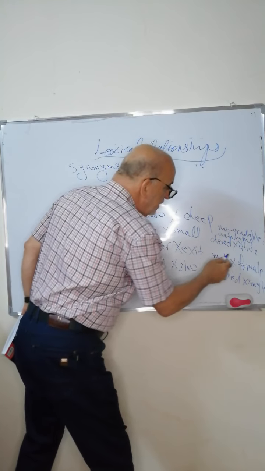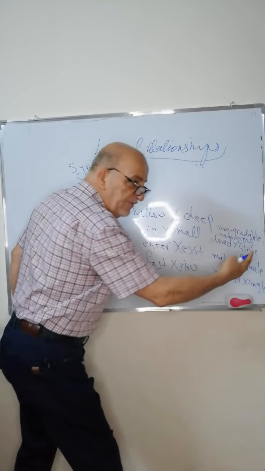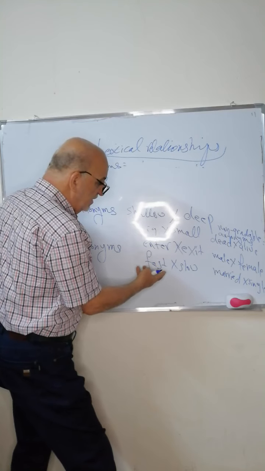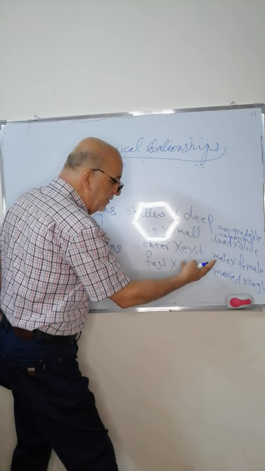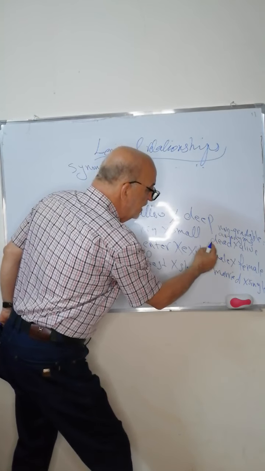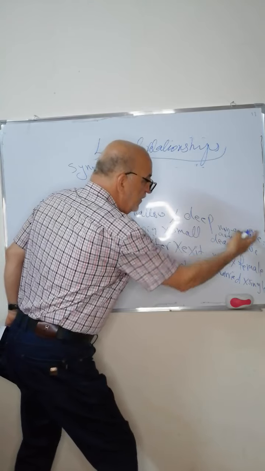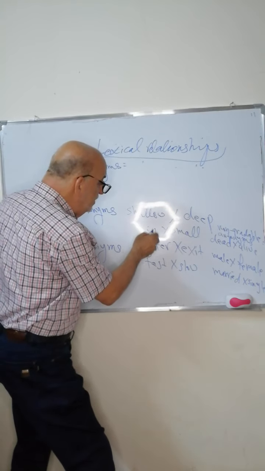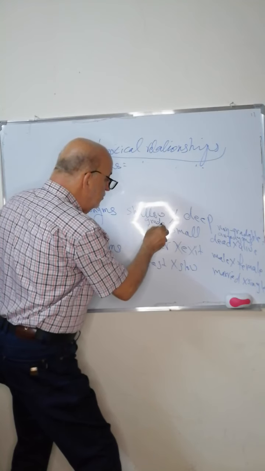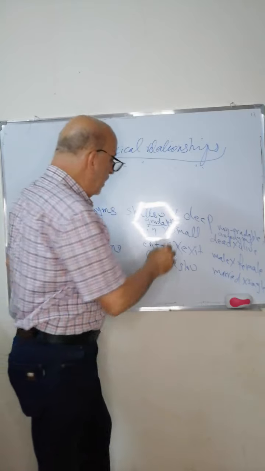It means we cannot make dead, deader, alive, aliver. That's not possible. Here it is possible: we say fast, faster, slow, slower. We call these non-gradable because we cannot say dead, deader. Here we say big, bigger, biggest; we say gradable antonyms.